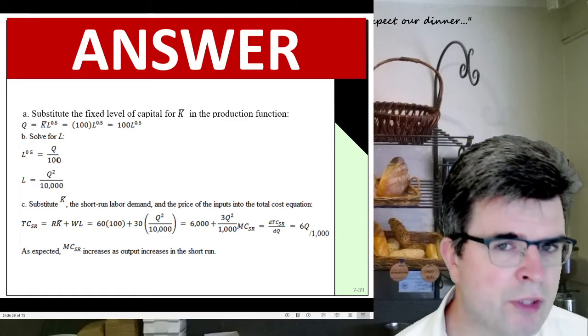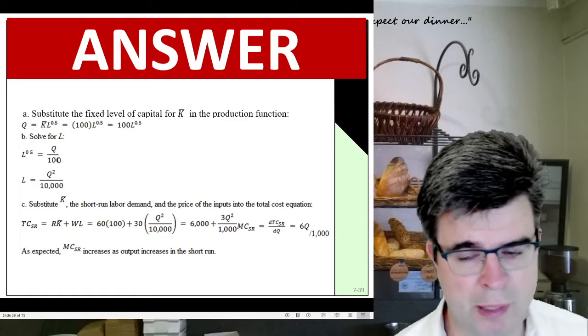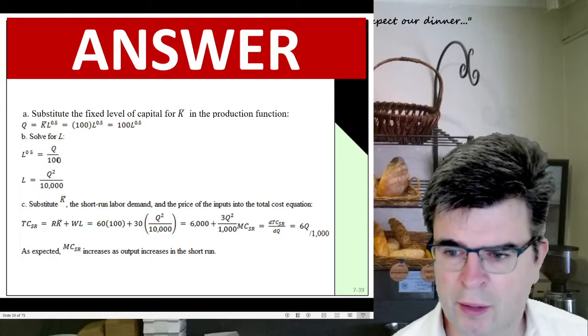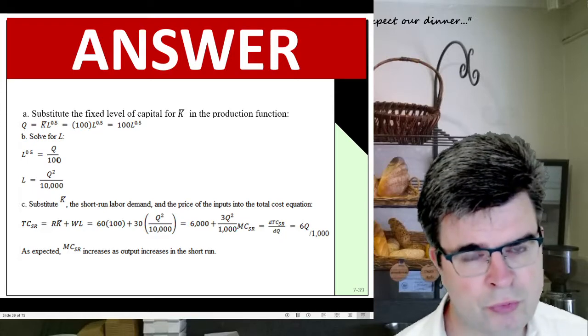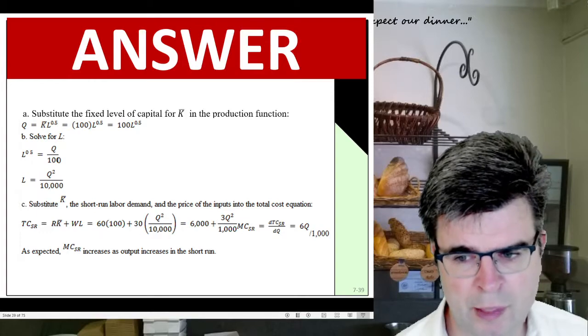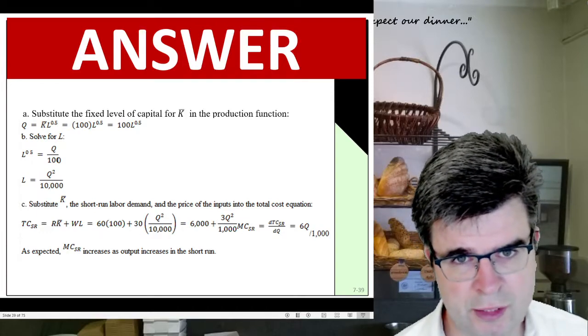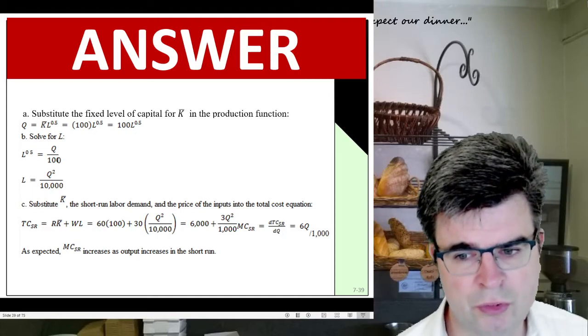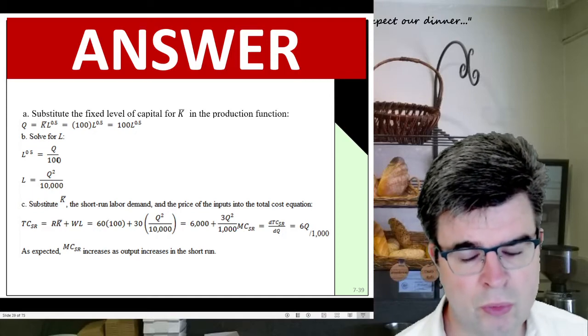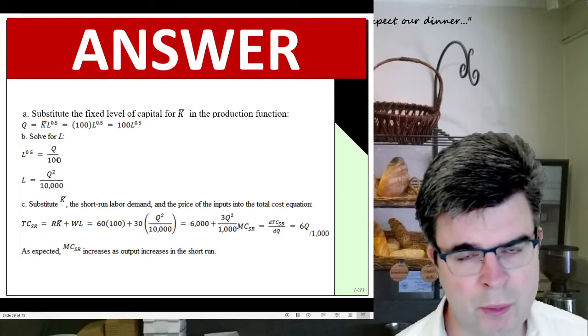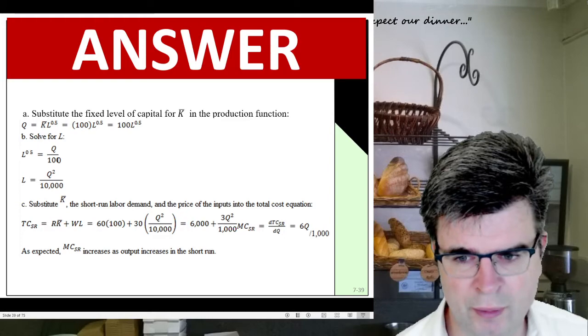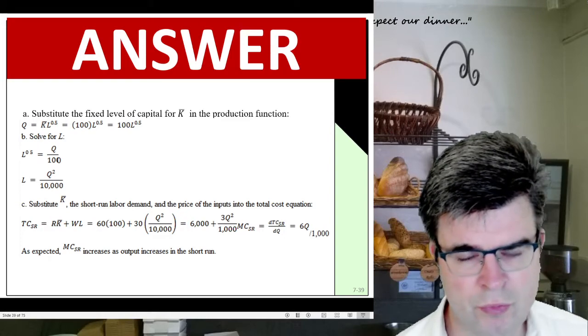And then to arrive at the total cost in the short run, with capital being fixed at 100, the total cost is the cost of capital. The unit cost of capital is R, which is given to be 60. In total, we have 100 units of capital. And for the total cost of labor, the number of units of labor as a function of our output level Q is Q squared over 10,000.